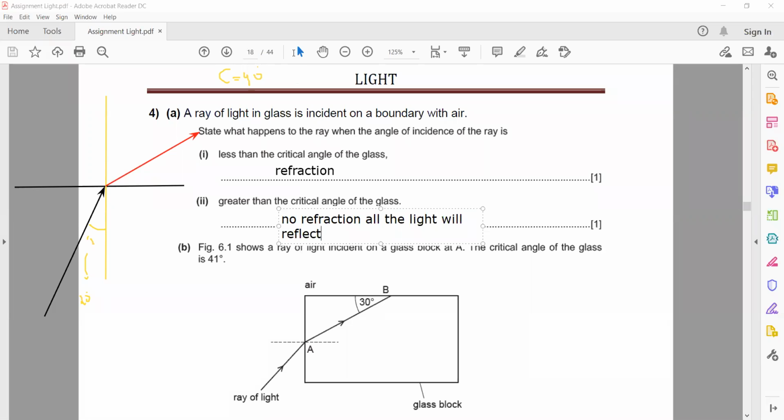Here you can also mention a small refraction and some reflection, or partial reflection, meaning some of the light will reflect as well, not all, but some of the light. But if it is more than the critical angle, all of the light will reflect. No refraction occurs. We call that total internal reflection.